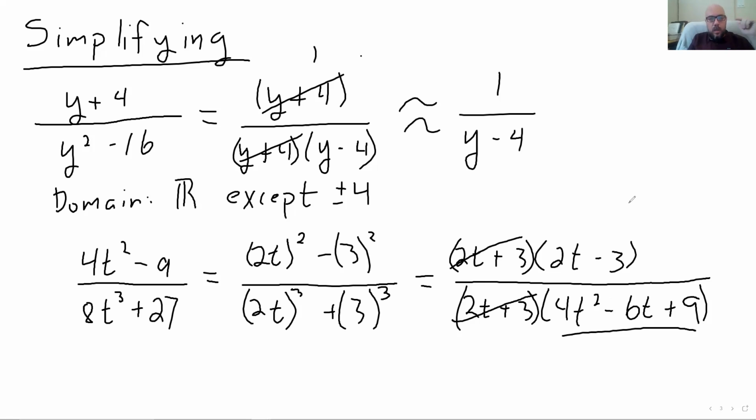So that's for simplifying. If I wanted to find the domain, I would set this to 0 and set this to 0. In fact, let me go do that. So let's just make a new thing and go do that. I'm going to start over from the beginning just to refactor it.